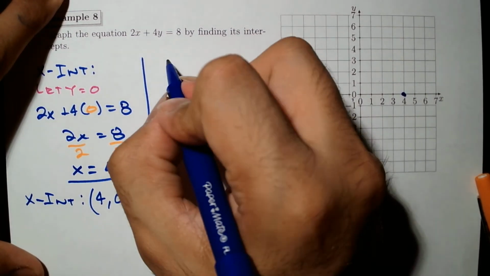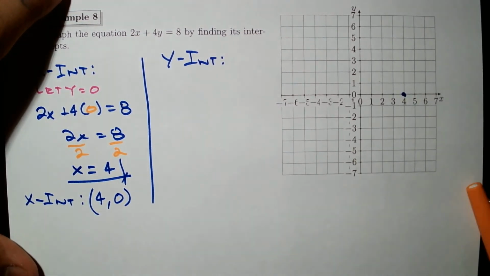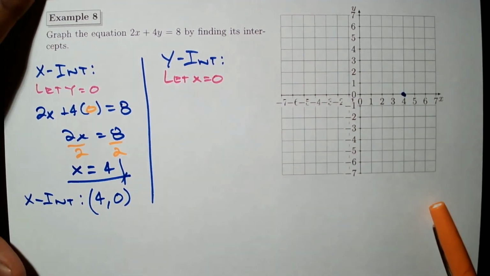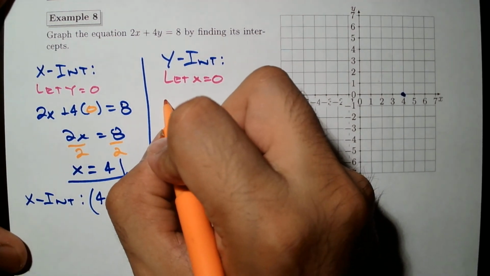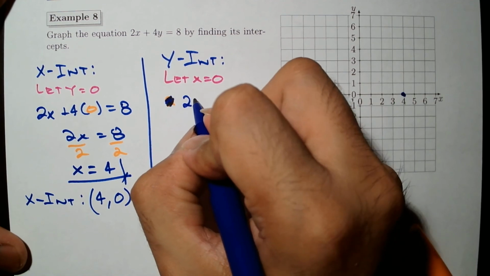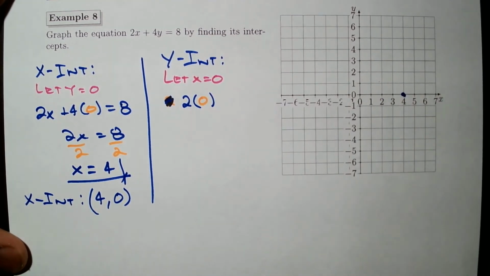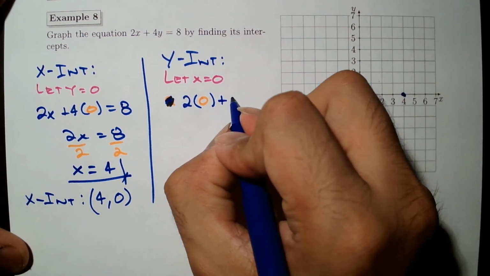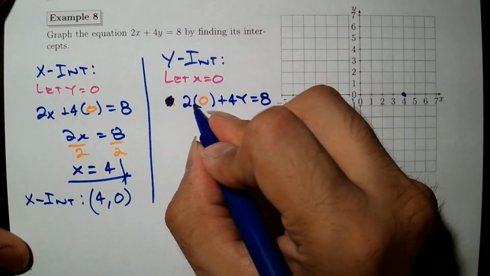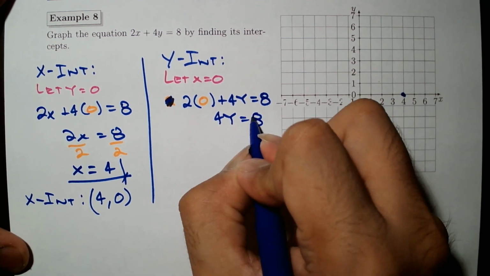To get the y-intercept, we do the opposite. Let x equal 0. So 2 times 0 plus 4y equals 8. This is 0 plus 4y, which is simply 4y equals 8.